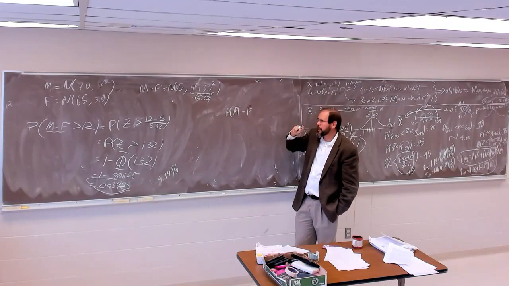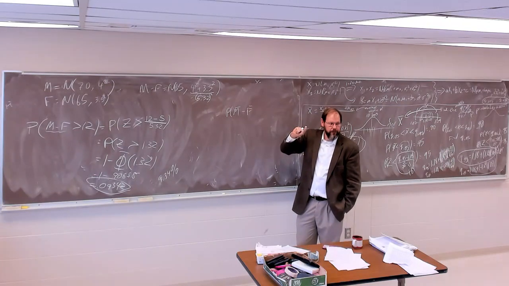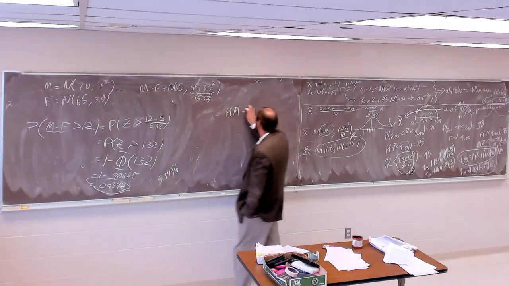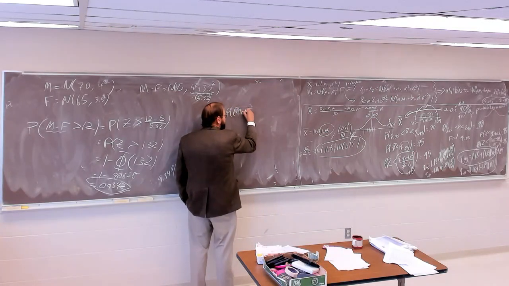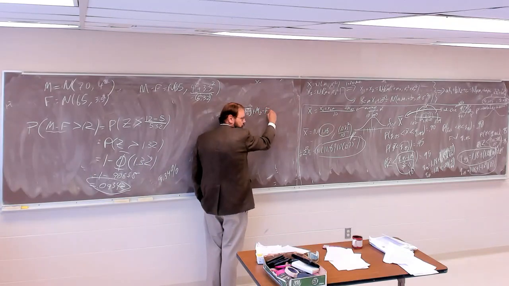So M minus F is a normal random variable, and then find the average of that. Oh, the average difference. Yeah, so you're saying, could we take m1 minus f1 plus m2 minus f2, is this what you're saying?